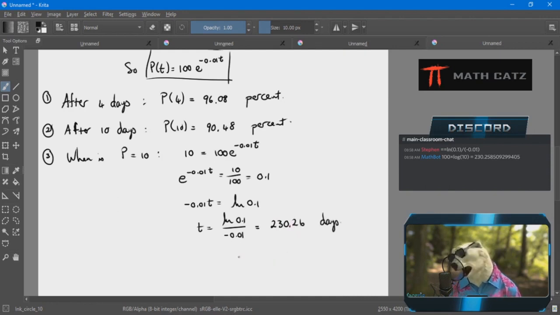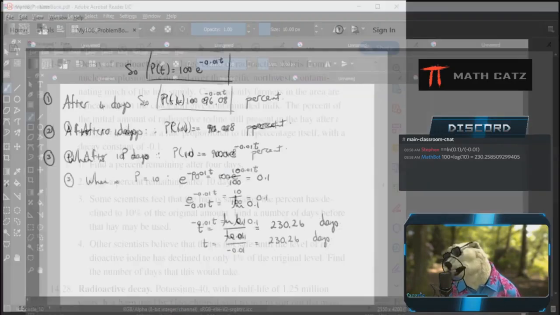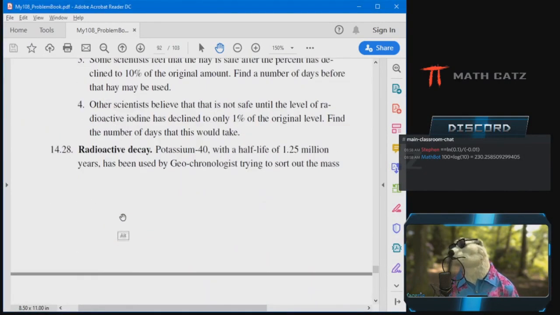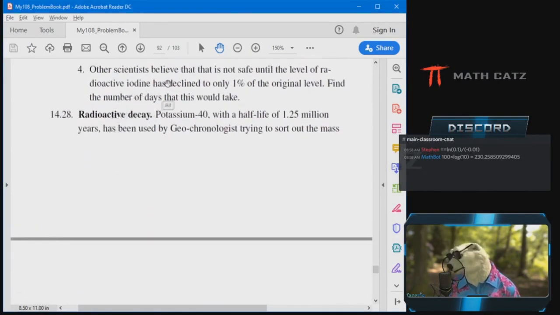So if they are aiming for safe milk at 10% of the radioactive substance, or the radioactive substance decreased to 10% of its original amount, then it'll take around 230 days. However, other scientists believe that it's not safe until the level of radioactive iodine has declined to only 1% of the original level. Find the number of days that this would take.